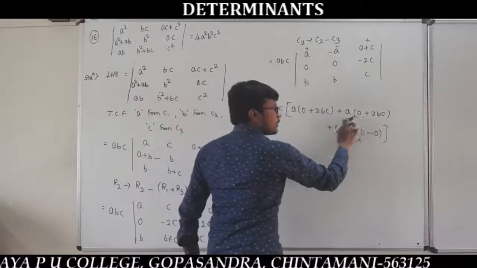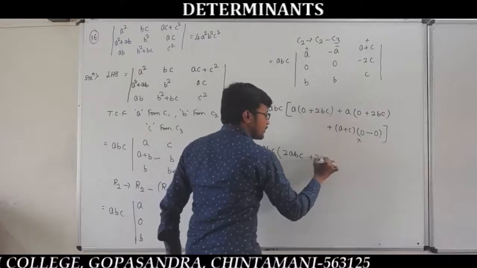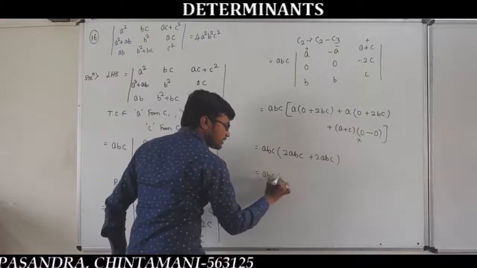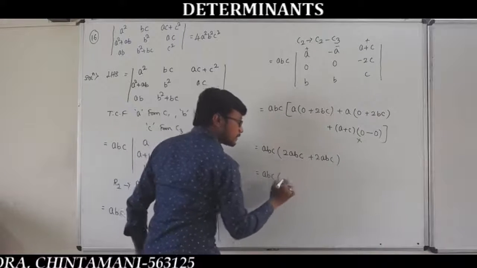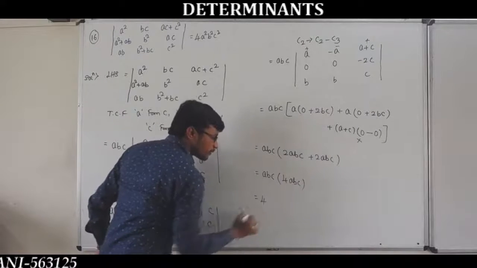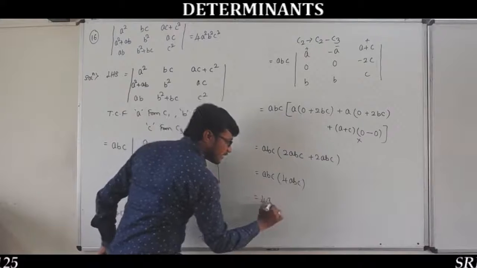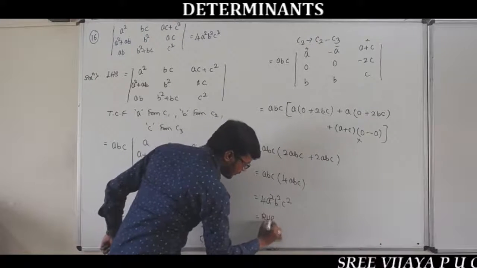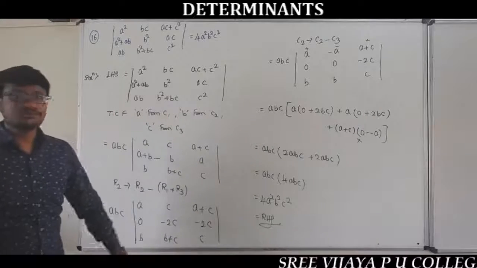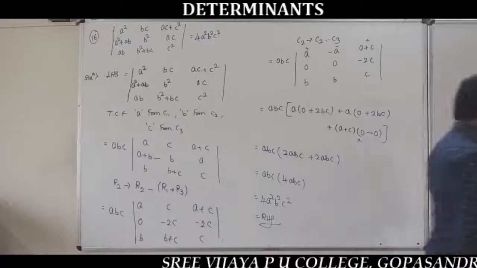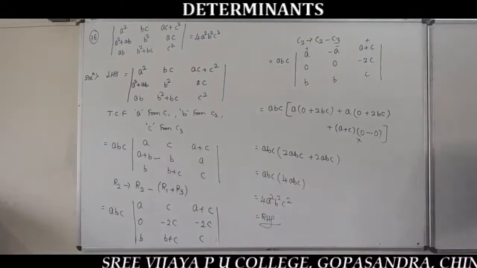So 2ABC plus 2ABC, how many times? It is 4 times of ABC. If you multiply that one, 4 times of ABC to ABC is A square, B square, C square. So that should be the RHS. Got it? We'll move to the next one.